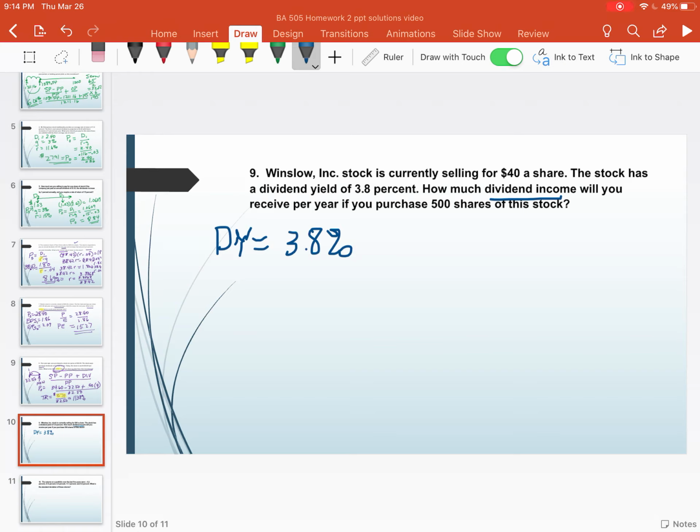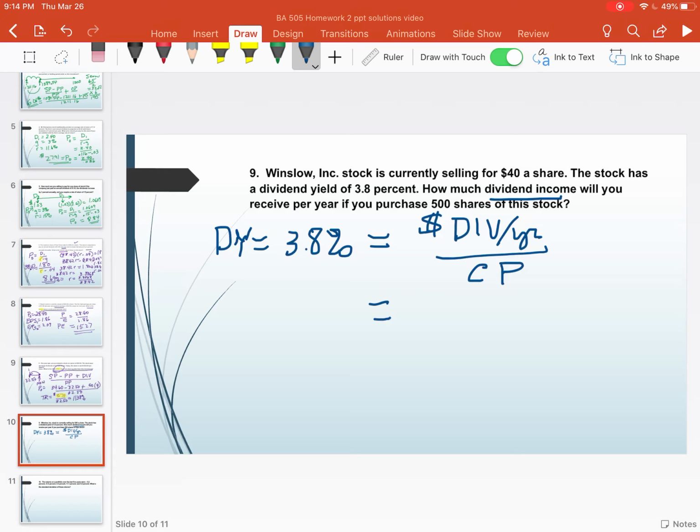So what is this actually asking? We have a share price currently selling for $40. The dividend yield, just so you understand, is equal to the dollars of dividends per year divided by the current price.